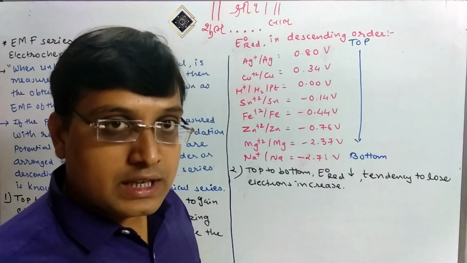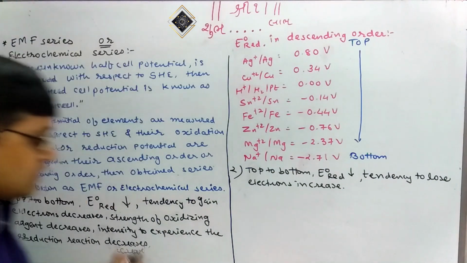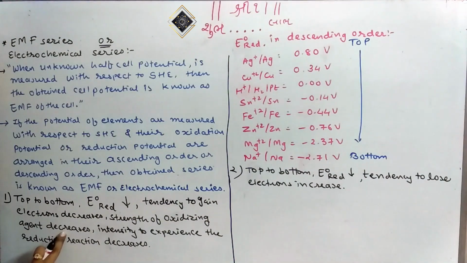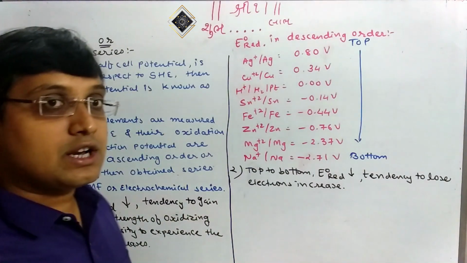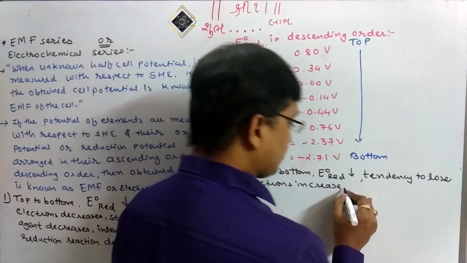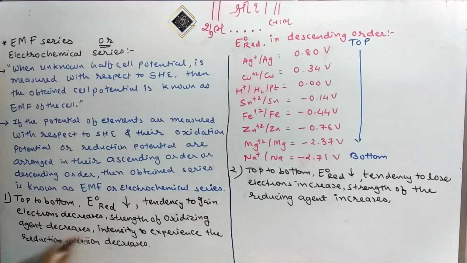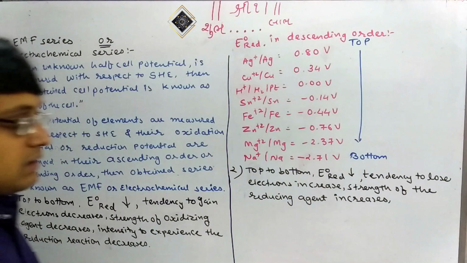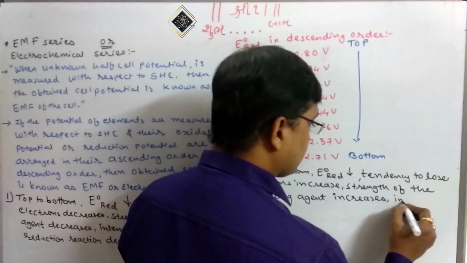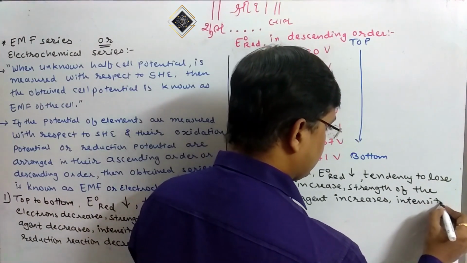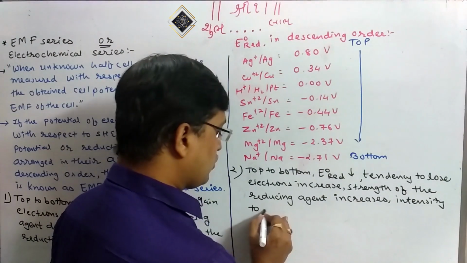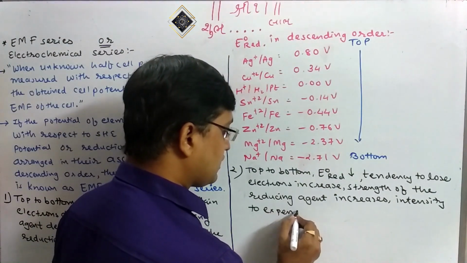Same way, the strength of the oxidizing agent decreases, that means the strength of the reducing agent increases. Intensity to experience the reduction reaction decreases, that means intensity to experience the oxidation increases.